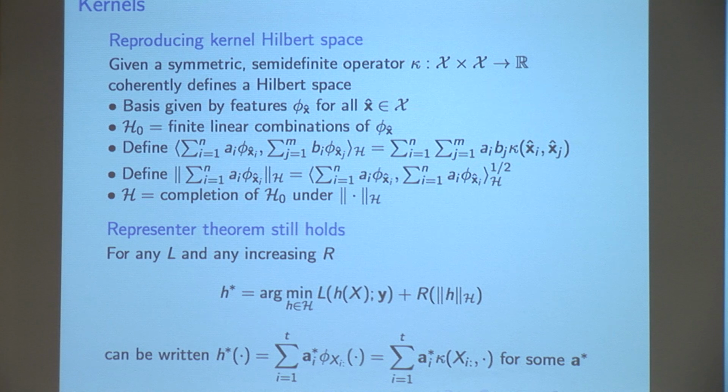Essentially, there's a proof that if you take any positive semi-definite kernel, then you can induce an implicit feature representation. That is, there is a Hilbert space, an infinite dimensional feature representation or inner product space, that corresponds to that kernel. So for any positive semi-definite kernel, you can construct a coherent, well-defined Hilbert space that the kernel represents the inner product for.